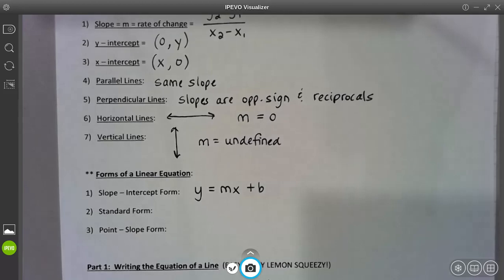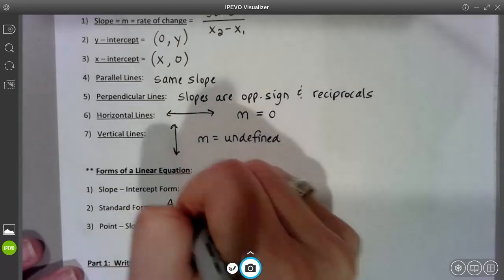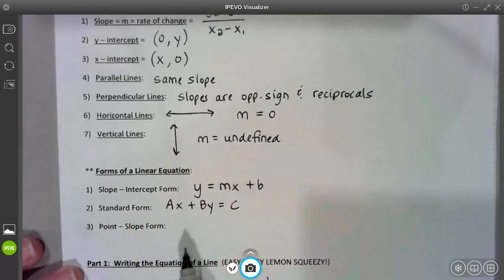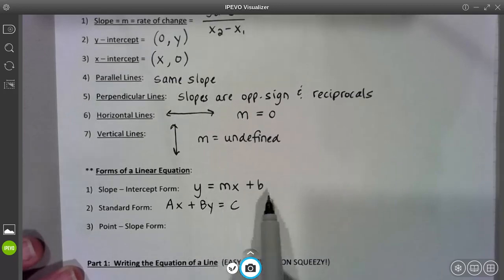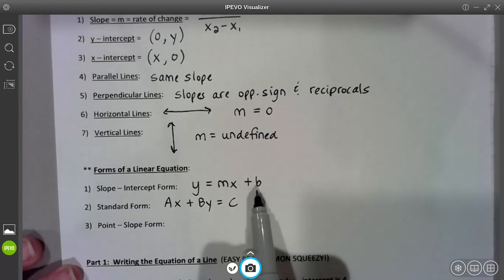Another form that we saw a straight line written in is standard form, and that was ax plus by equals c. Well, guys, the difficult thing about standard form is that a, b, and c don't have any special meanings like m and b do. We know that m in this form is the slope and b is the y-intercept.